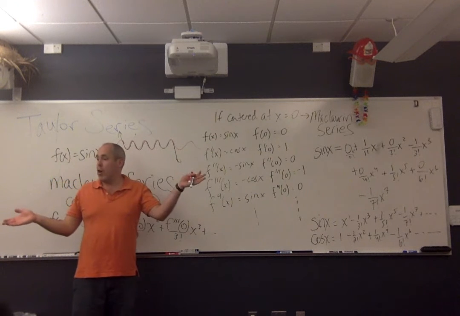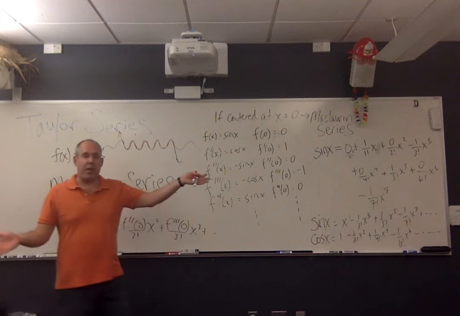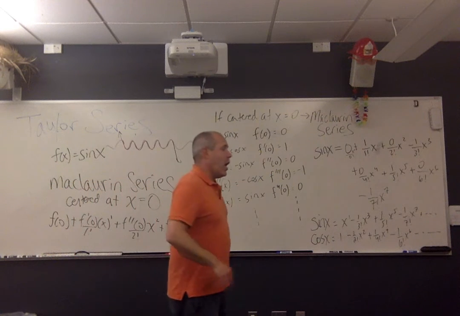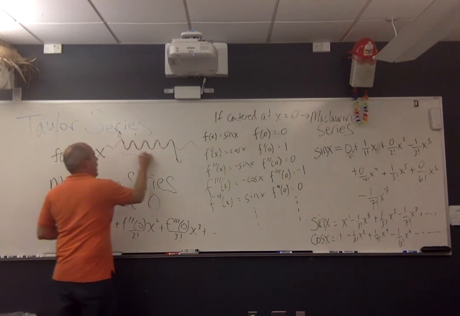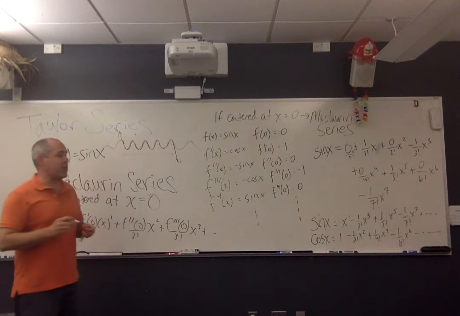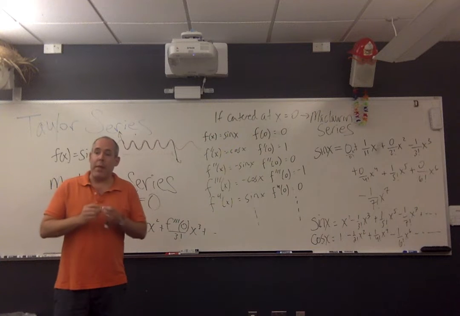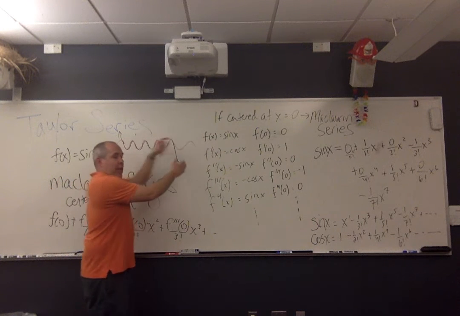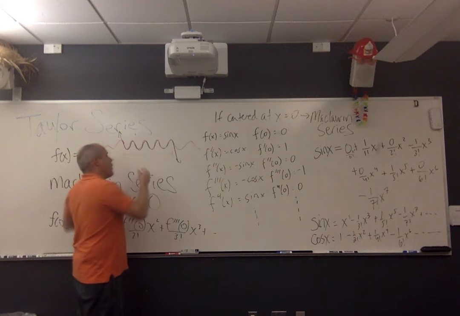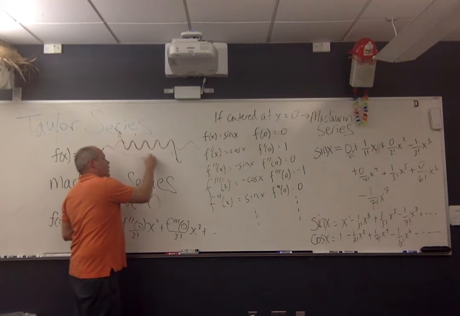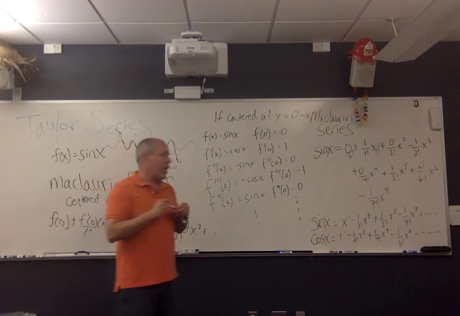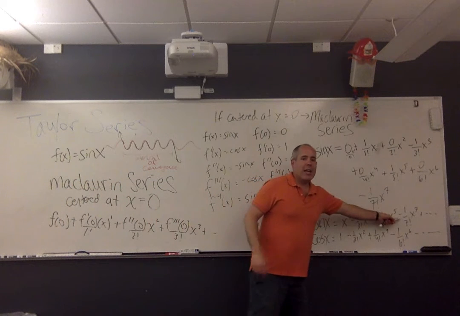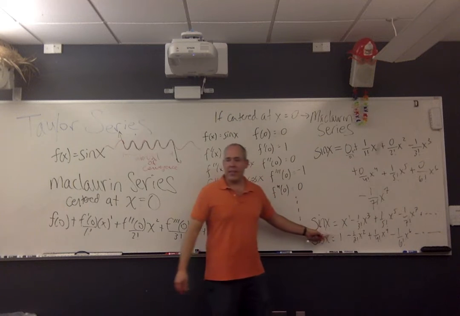They're going to diverge. They're going to move away from each other. So if we can figure out an interval of values over which they match, then in there they're converging. We can figure out an interval of convergence by using the ratio test, over which this polynomial is exactly this sine function.